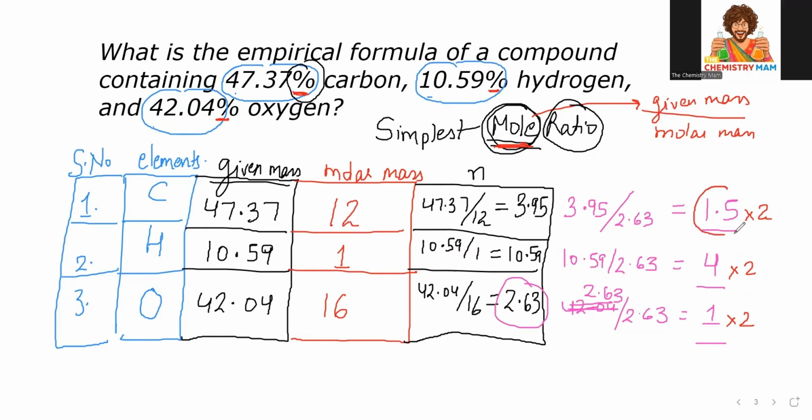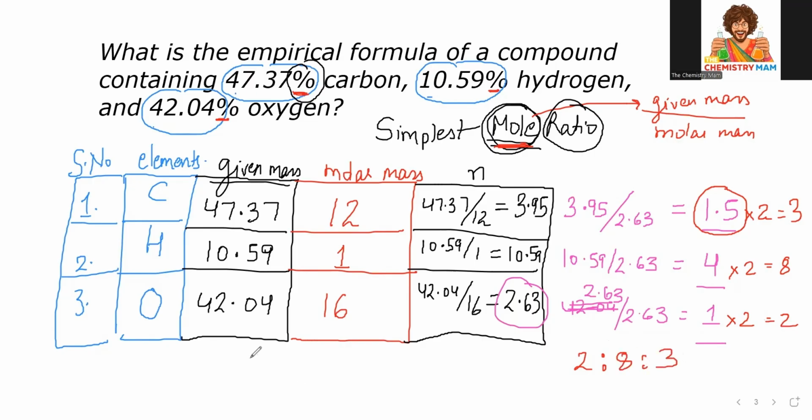If this decimal number had come out approximately like 1.1, let's say, hypothetically, then it would have been easier for me to assume 1 in order to take it as a whole number. But since it is coming 1.5, it will be wrong to assume it 1 or 2. So it's better you multiply it by a certain number to make it a whole number. So 1.5 into 2 gives me 3. 4 twos are 8 and 1 two is 2.